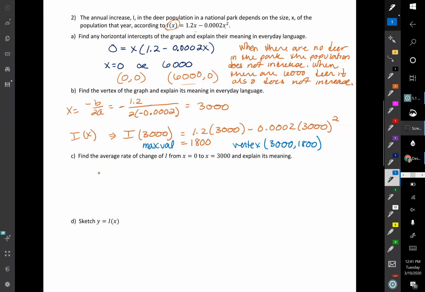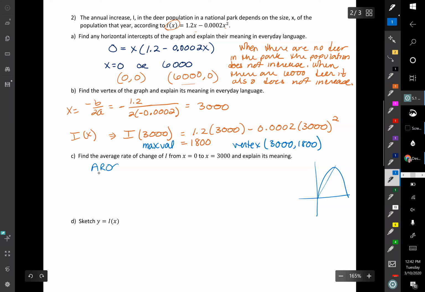So we're looking at the average rate of change right in here, okay? We're going to use change in y over change in x. Be careful not to switch those up. So we have 1,800 minus 0 over 3,000 minus 0, and that will reduce down to 3/5 or 0.6.